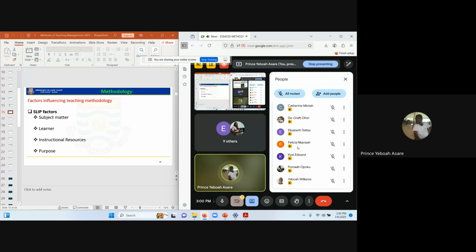The subject matter, don't forget in curriculum study, it's made up of knowledge, attitude, value, skills. And by the subject matter, it calls for the development of a skill. So every topic will tell you what you will be particularly focusing on. This subject matter is so much about skill development.